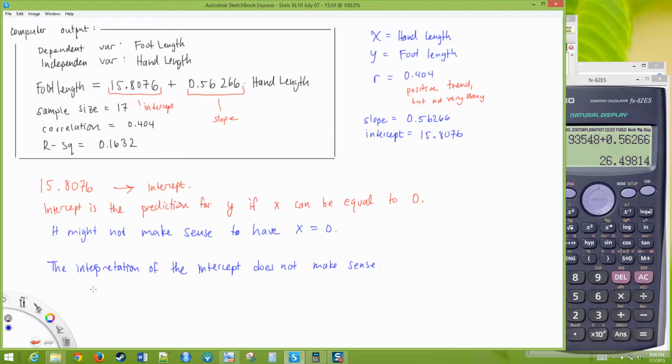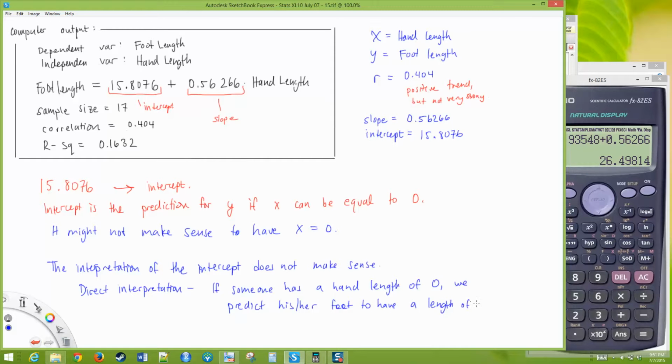The direct interpretation would be something like, if someone has a hand length of 0, we predict his or her feet to have a length of 15.8076 centimeters.